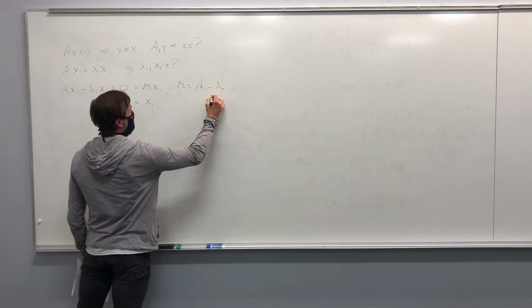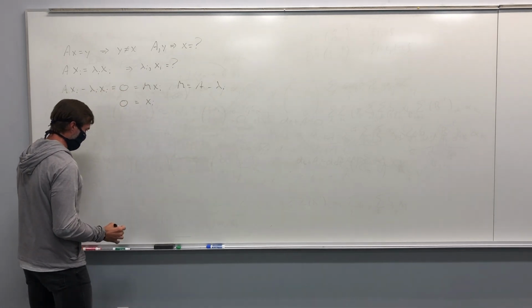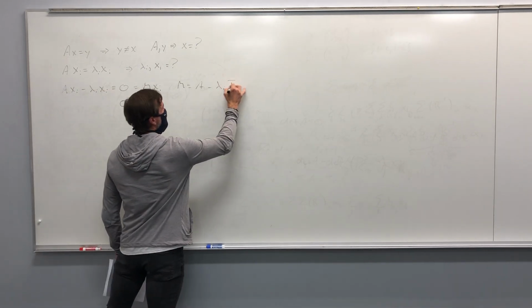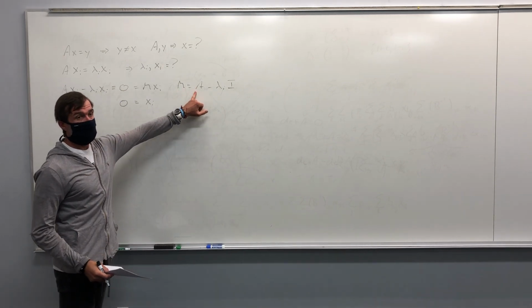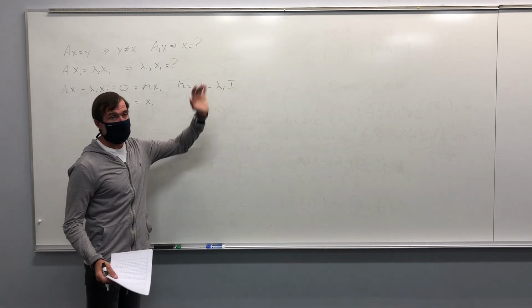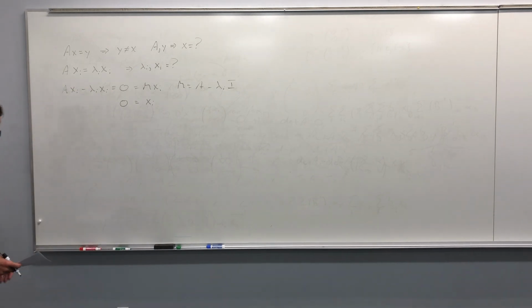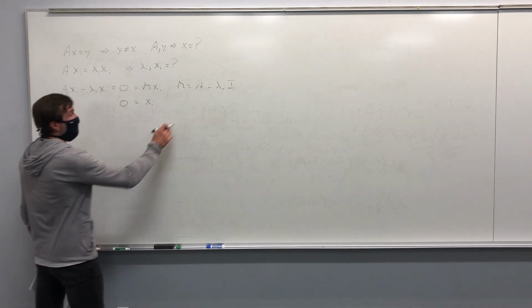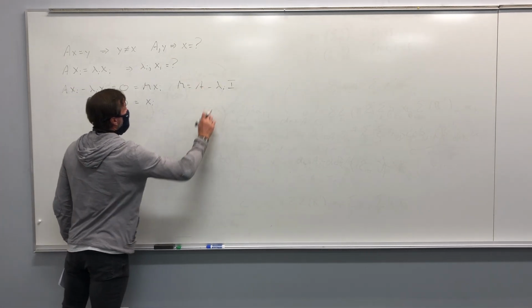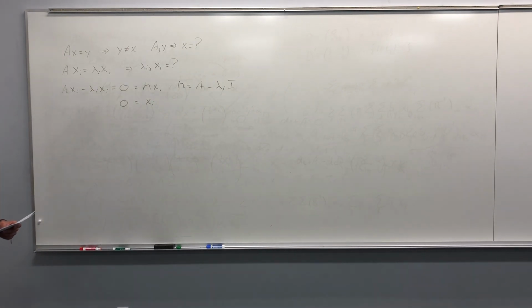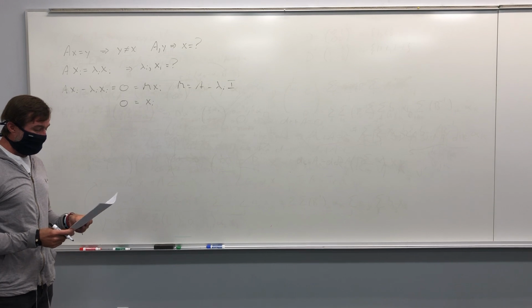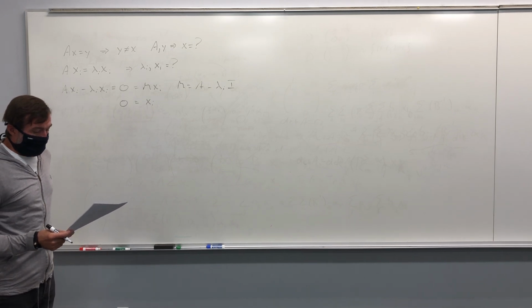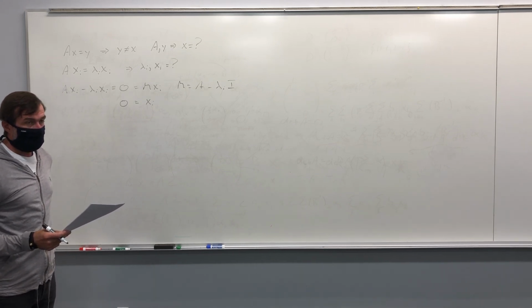Wait, is that M? It's like I lambda. Thank you, yeah, because lambdas are scalars. This is represented by a matrix, this is represented by a matrix. This has to be a matrix, so you just multiply the scalars times I. But nonetheless, you want the inverse of that not to exist. What feature guarantees us that the inverse won't exist?